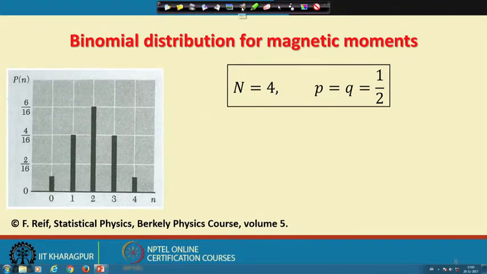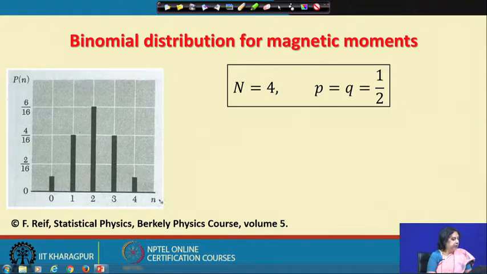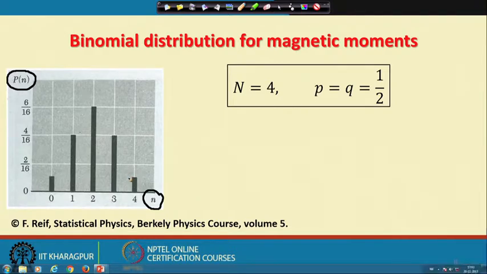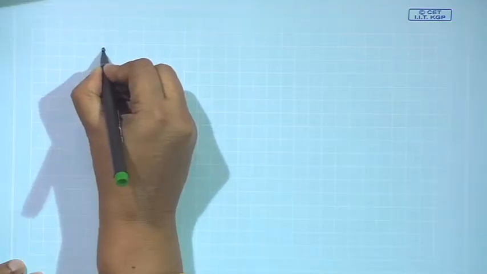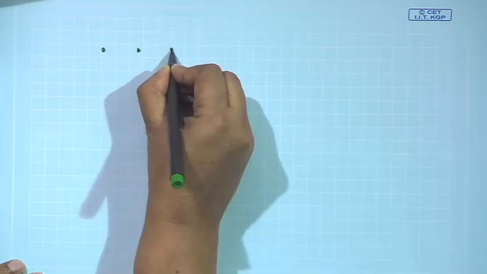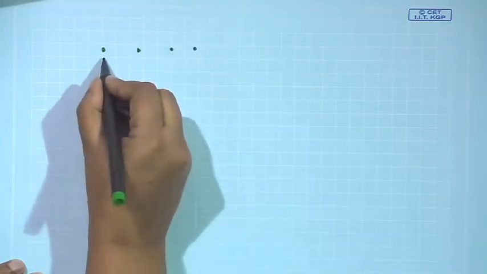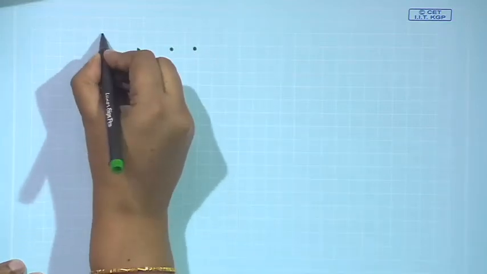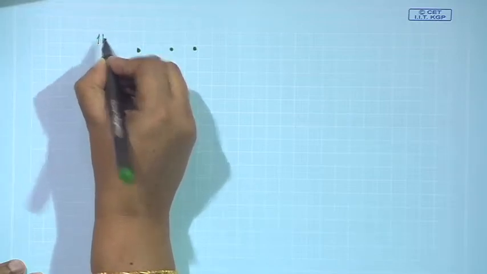So, here I have plotted small n, the number of up spins, along the x axis, and P n, the probability of observing small n up spins, along the y axis. In this example, you have 4 positions. In each position, you can have either an up spin or a down spin.